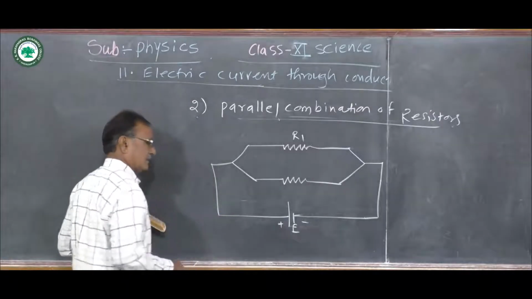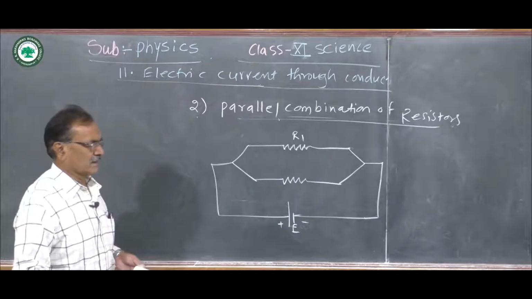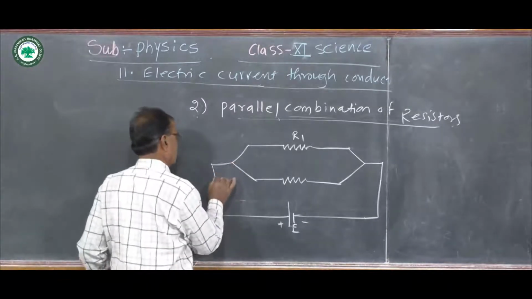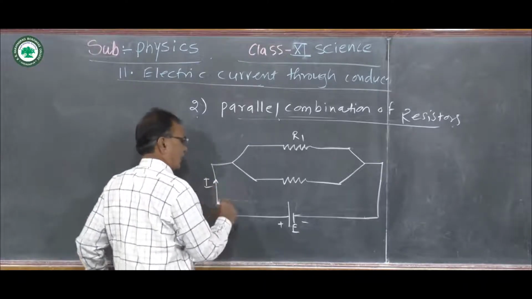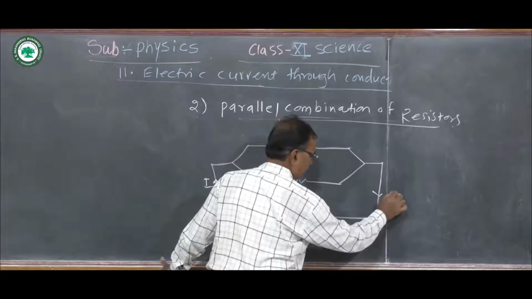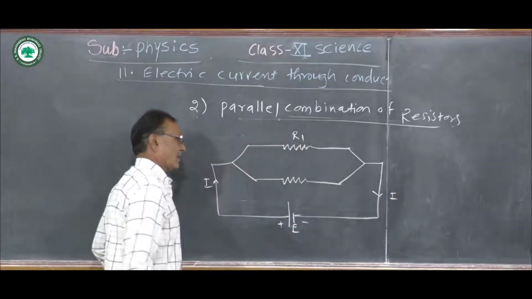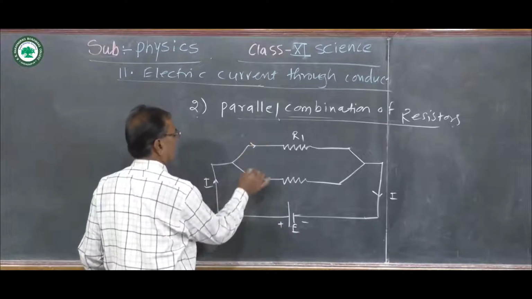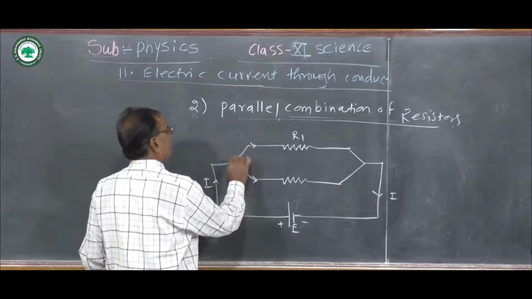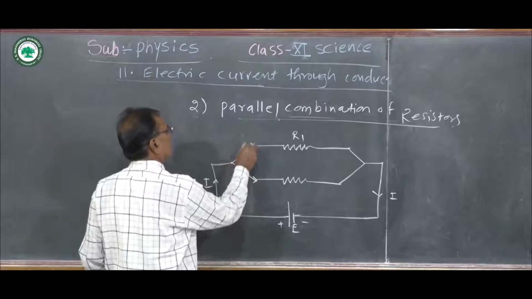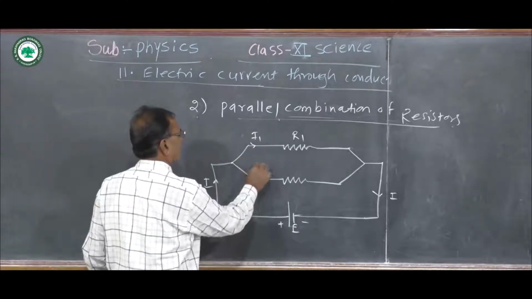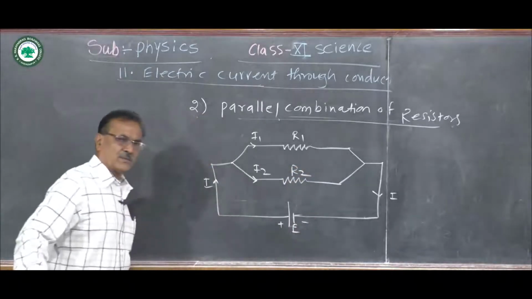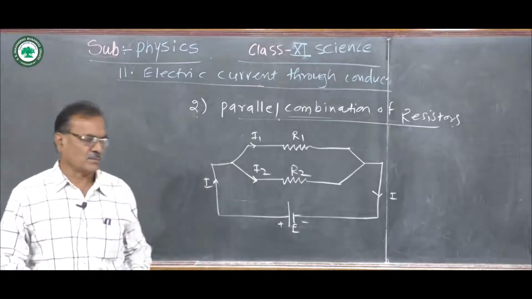When the battery is connected across this combination, the current I flows through the parallel combination, but the current divides into two paths, I1 and I2, where I1 is flowing through R1 and I2 is flowing through R2.